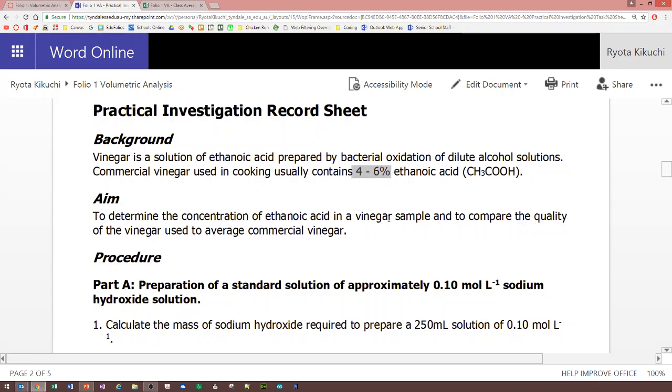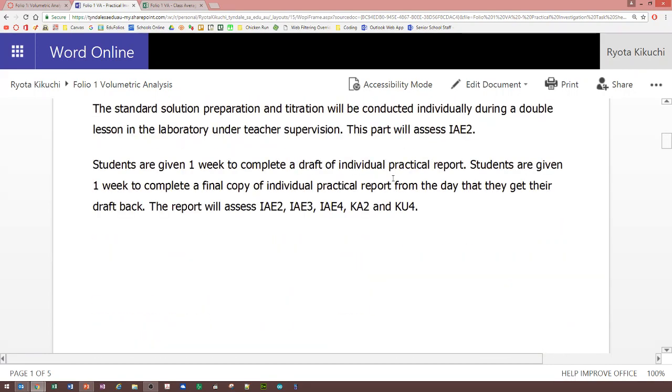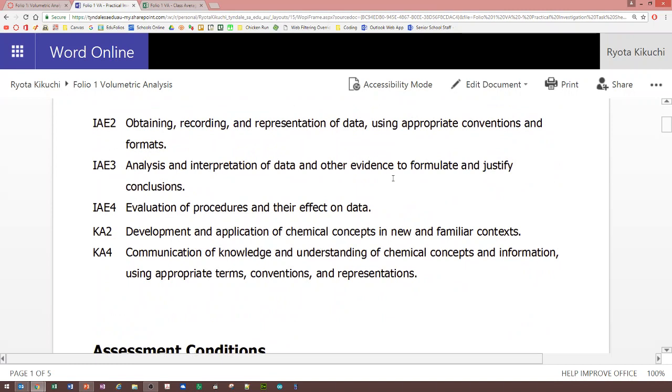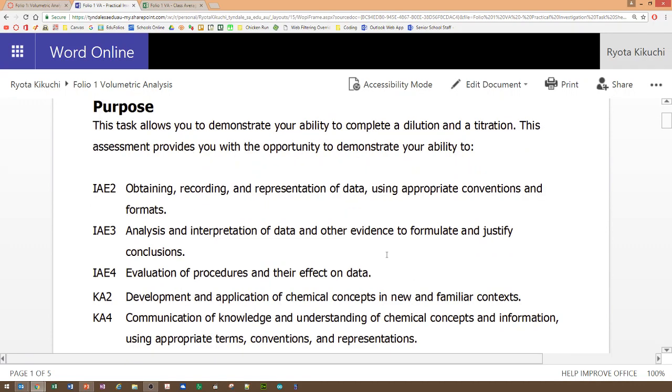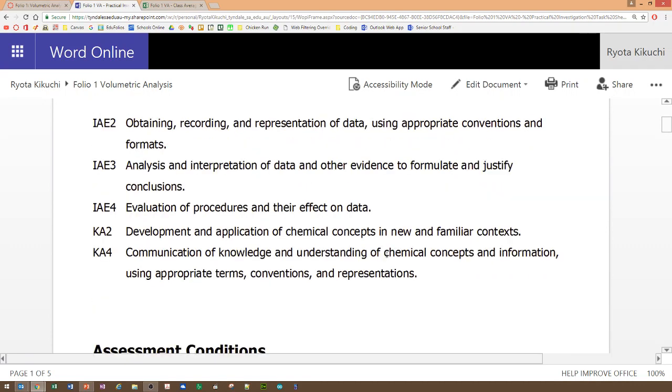So comparing what you got to what's said to be the average percentage, what can we say about the quality of vinegar? That needs to be justified in your discussion and in your conclusion. It was one of the cheapest things that we bought, so you can sort of guess that too, but justify it in your discussion.